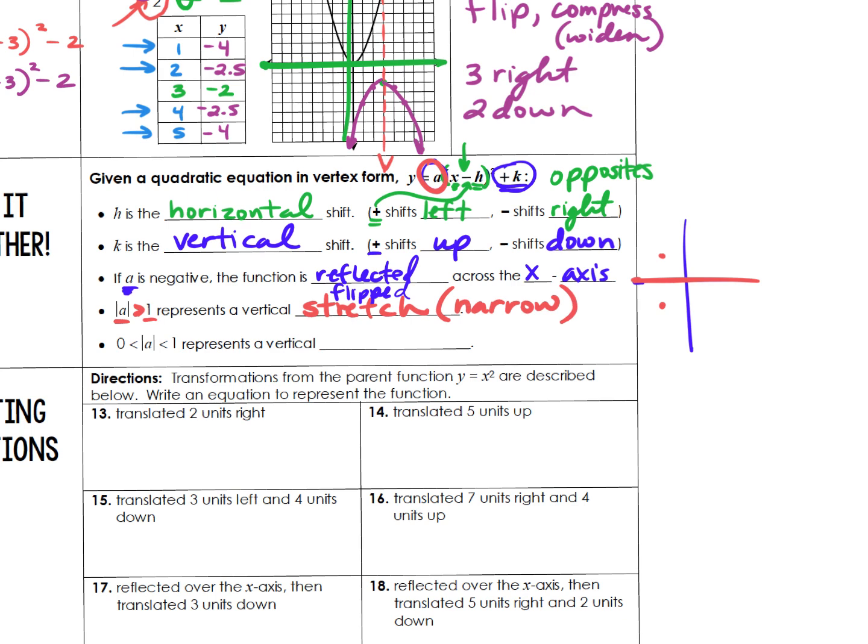Whereas if your a value is a fraction between 0 and 1, positive or negative, that's called a vertical compression. And that is going to widen your graph. So the fraction is going to make it fatten. The bigger numbers are going to make it go more narrow, which I think I said backwards the first time, and I'm really sorry about that.